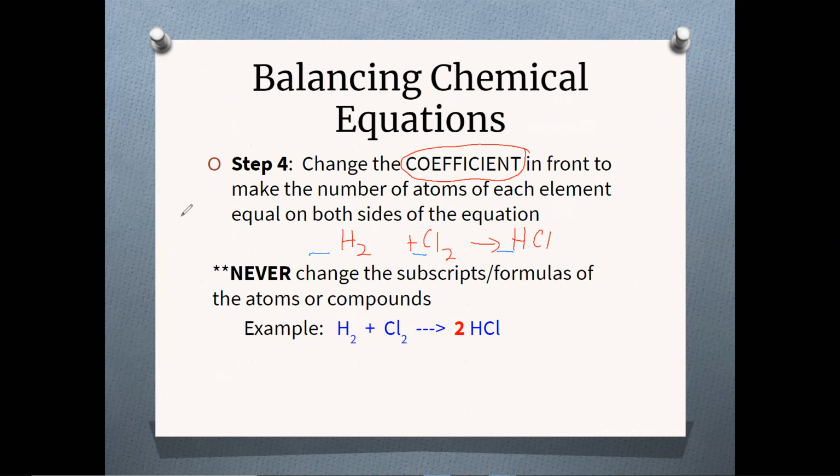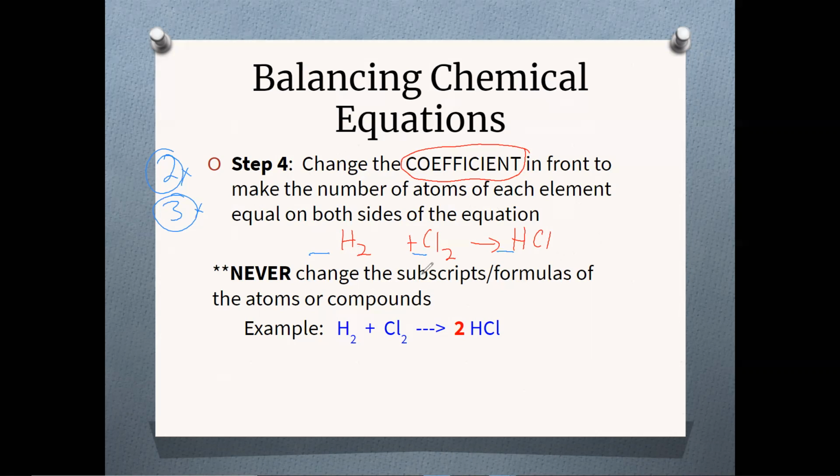If you don't know what a coefficient is, you've absolutely heard the term before. Like in 2x, the coefficient is 2. In 3x, the coefficient is 3. It's whatever number is in front of your variable, or in our case, in front of your molecule. So right now, we don't have any coefficients in those spaces. So we can place one if we need one, okay?